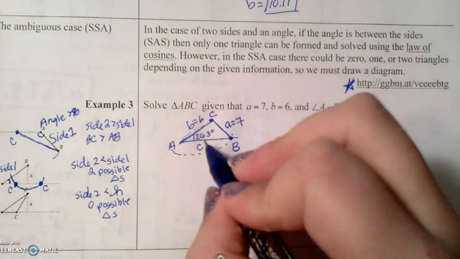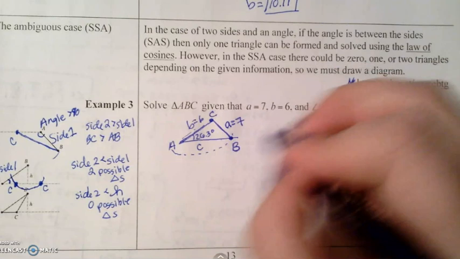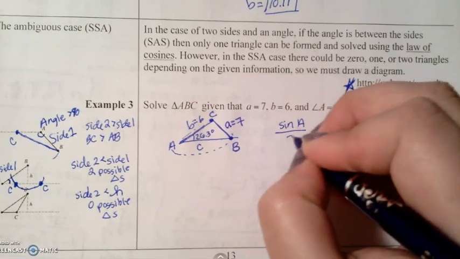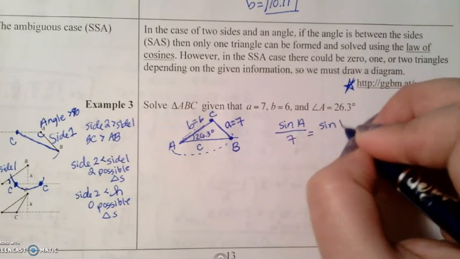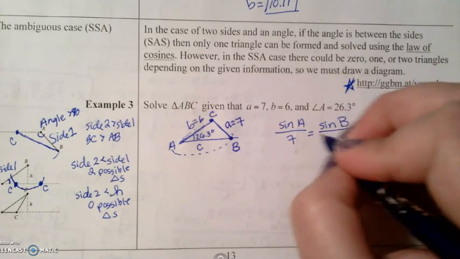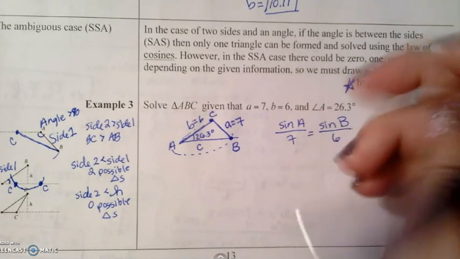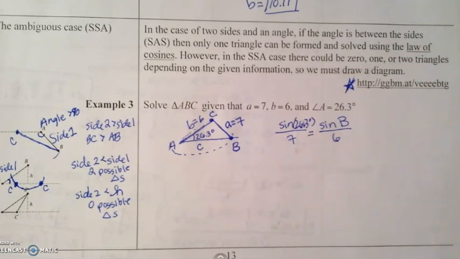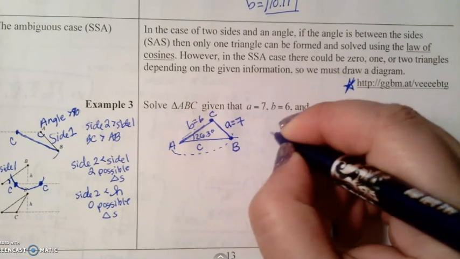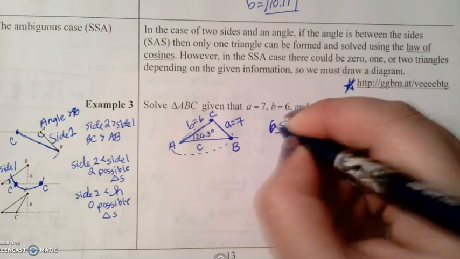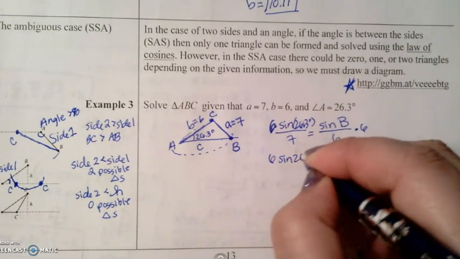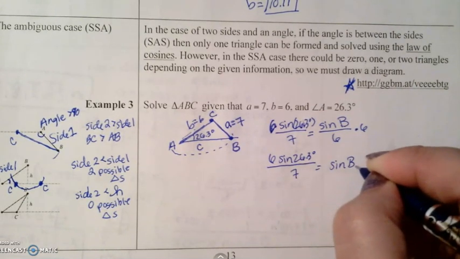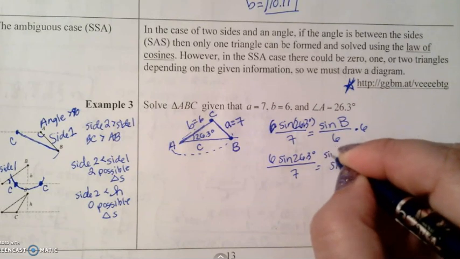So let's use the law of sines. I have angle A and side A, and let's find angle B first. So let's say sine of A divided by A equals sine of B, our unknown, divided by B, which is 6. We actually know angle A, so let's put in that angle measurement, 26.3 degrees. Okay, so to find sine of B, multiply by 6. 6 times sine of 26.3 degrees divided by 7 equals sine of B. So to get B by itself, I need to use sine inverse.